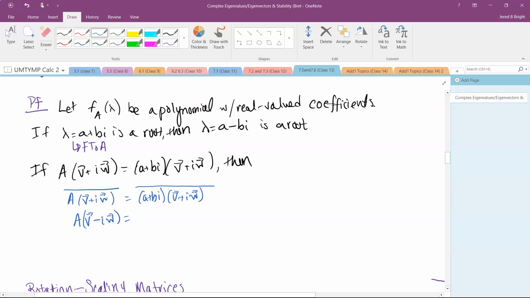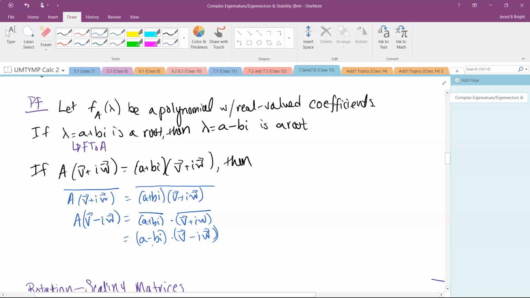If you have two complex numbers multiplied together and you take the complex conjugate of the product, you can take the complex conjugate of each individual component. So the conjugate of a plus bi times the conjugate of v plus iw, and so this is going to equal a minus bi times v minus iw.